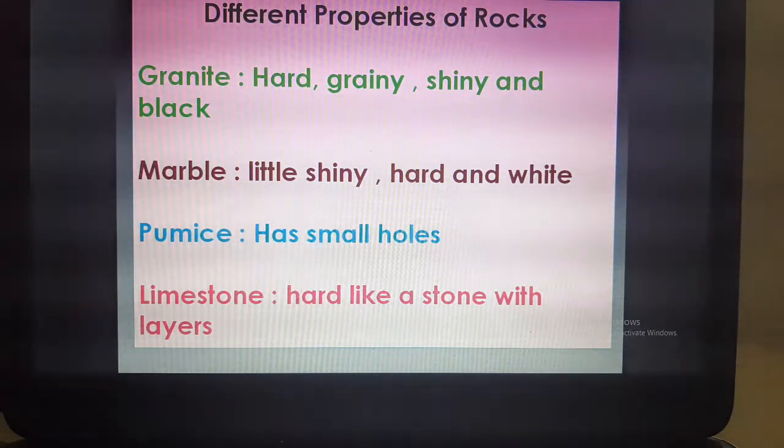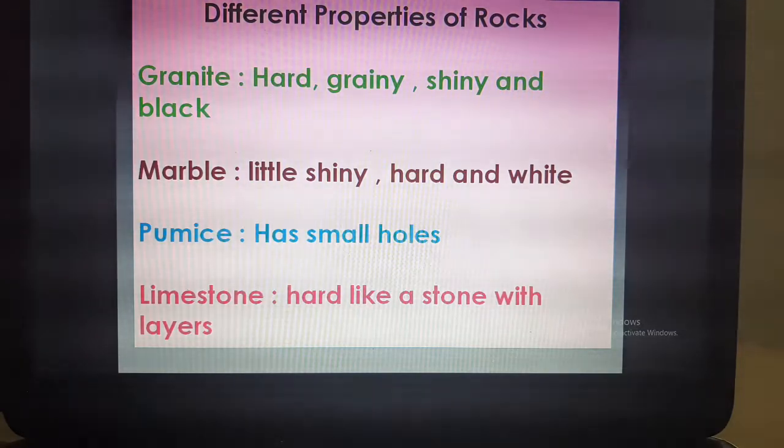Next is limestone. Limestone is hard and looks like stone with layers. On the limestone we can see some layers. Based on these properties, rocks are different: some are shiny, some are smooth, some have small holes.